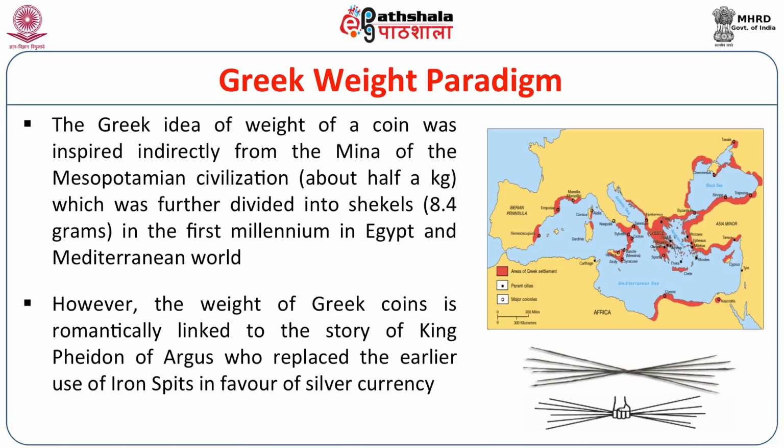The dram is basically connected to a story of the Greek islands where there was a ruler called King Phidon who ruled over a place called Argos. And he developed a conversion unit between the earlier currency, that is iron rods called iron spits, basically used to grill meat, and silver.